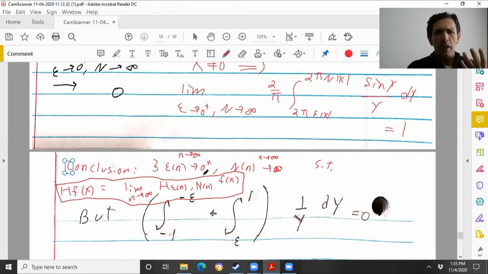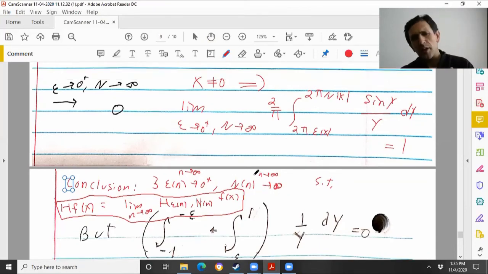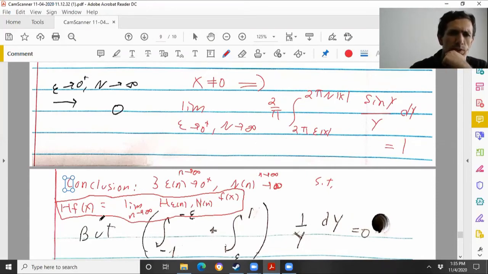You know, really pick any epsilon n going to 0. Pick any n of n going to infinity. We have L2 convergence as n goes to infinity. Hence, there's a subsequence that converges almost everywhere. Now, what we're going to do is, for a Schwartz function f, we're not going to find almost everywhere convergence. We are going to find pointwise convergence.